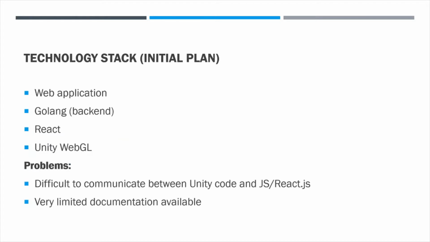Initially, the application was meant to be implemented using Unity WebGL on the front end with React. But the problem with this is that it was difficult to communicate between Unity code and JavaScript. There was very limited documentation available because Unity is usually used for games and not things like this.